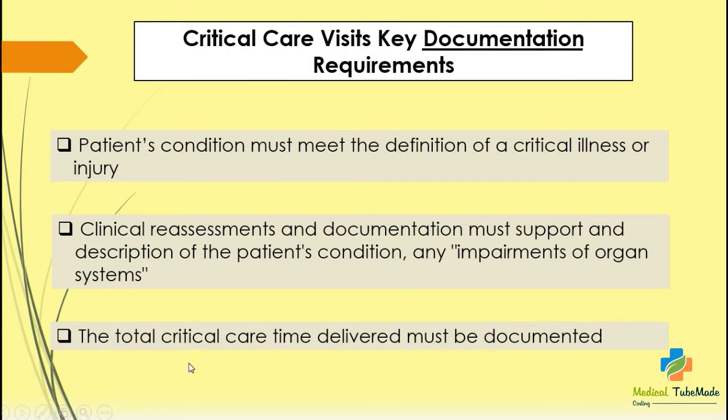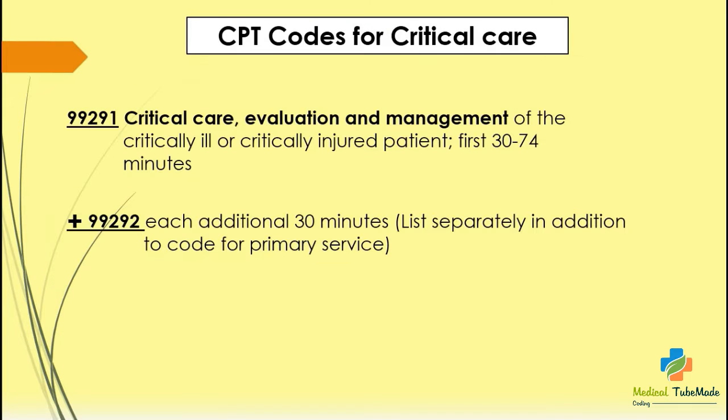Next, the total critical care time delivered must be documented. We are billing 99291 and 99292 based on time. So the time the doctors have mentioned in the critical care reports is what we have to concentrate on, and based on time we need to assign CPT codes.